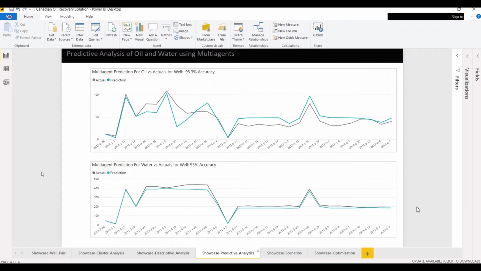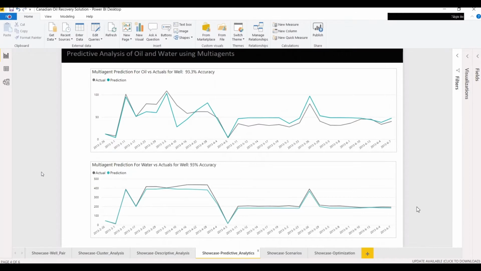production. So what you're seeing here is the prediction from our MADS model, which is the light blue curve, compared against the actual production from this particular well. So you can see the accuracy of our prediction for oil production was 93.3% accurate.